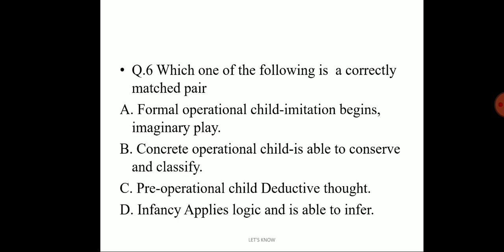Second one, concrete operational: child is able to conserve and classify. Yes, at the concrete operational period we have seen that the child is able to conserve and they can classify things.